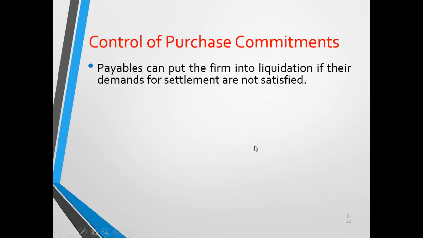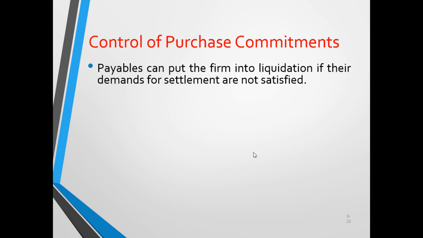So let's talk about the purchase commitments. Payables can put the firm into liquidation if the demands for settlement are not satisfied. So the important point here: you buy stocks from the suppliers, and you undoubtedly have to make the payment to the suppliers, right?